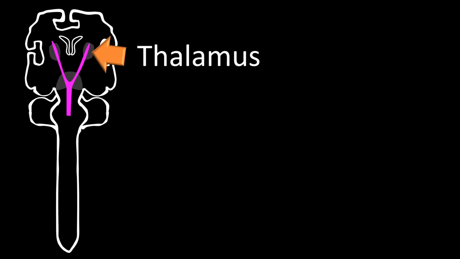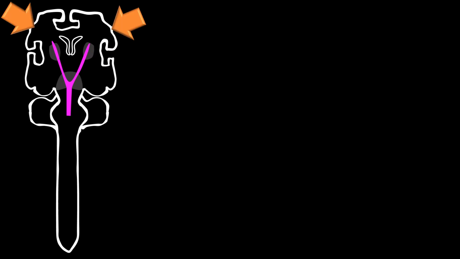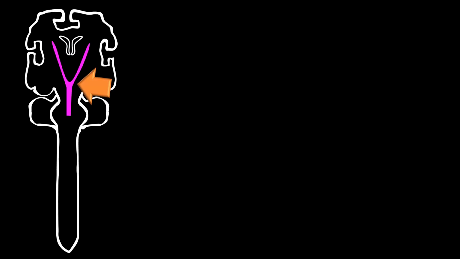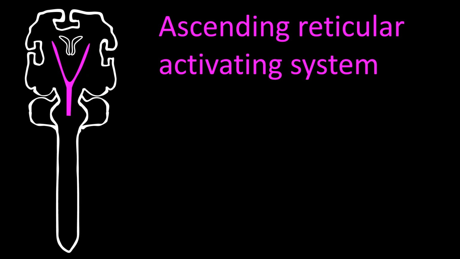The activation of this structure, working in conjunction with the cerebral hemispheres, keeps us awake. How is this important structure called? This structure is called the ascending reticular activating system.